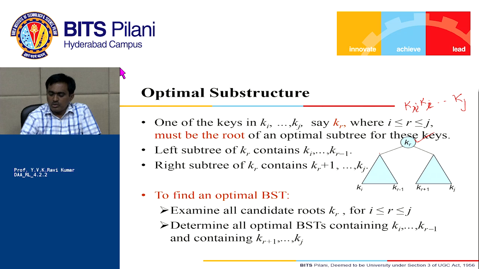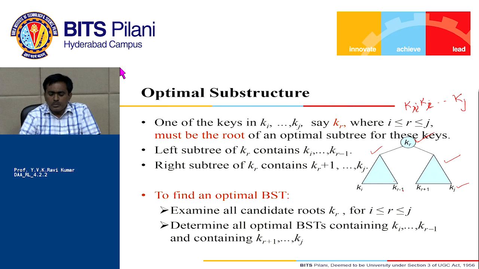Then it will have two components, a left subtree as well as a right subtree, where the left subtree contains ki, ki plus 1, and so on up to kr minus 1. Then the right subtree contains kr plus 1, kr plus 2, and so on up to kj. So we select one of the keys as a root, and then we have its left subtree as well as right subtree.